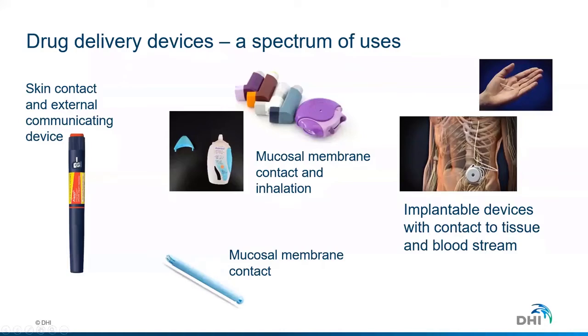As you may see here, there is an increasing biocompatibility risk from the less invasive devices to the more invasive devices, and then you need to consider the risk more carefully.